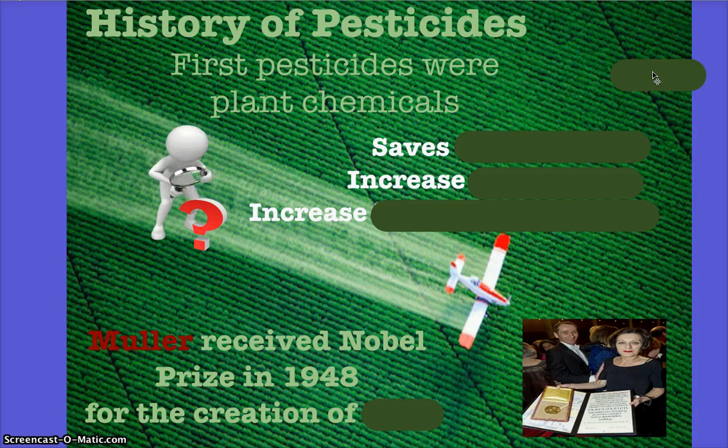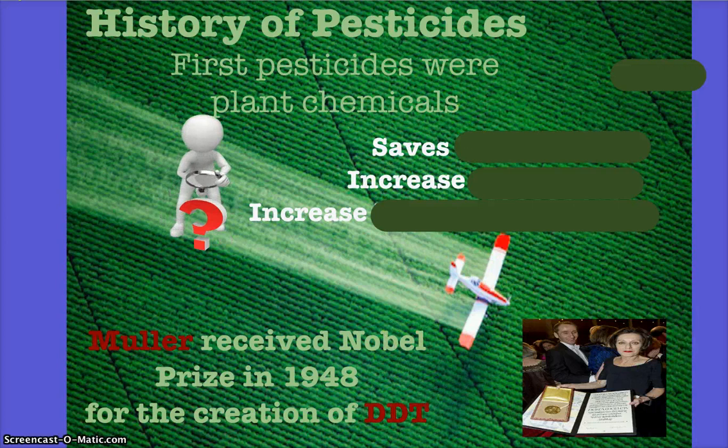Then we went to inorganic, especially DDT, which I'm going to talk about Monday. It was an incredible invention that won this woman a Nobel Peace Prize, and then it was banned. Why do you think we went to the extreme of trying to find amazing pesticides?